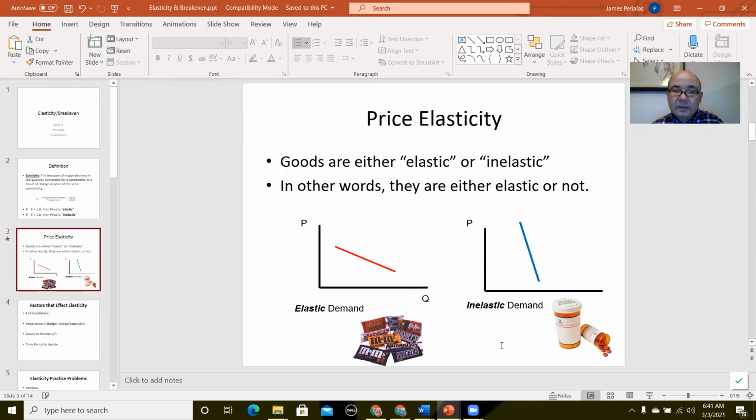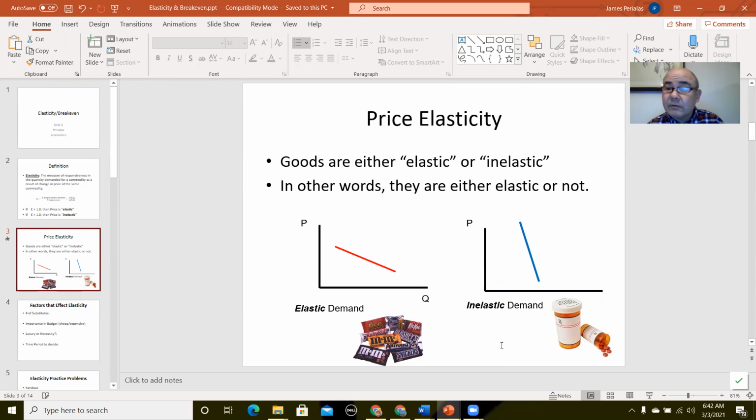So if we look at whether goods are elastic or inelastic, what I'm really saying is if we look at a demand curve, and there are 2 demand curves here, the red on the left and the blue on the right, a flat demand curve is one that will tend to be elastic. And you see I've got some different candies there. There's a reason for that.